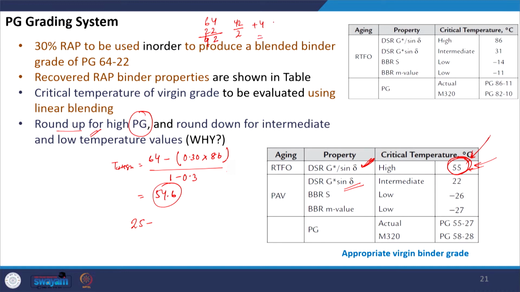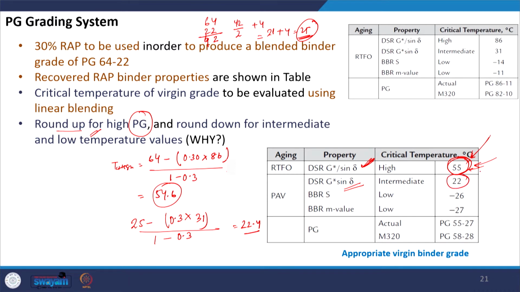This is the calculation we saw previously while discussing the PG grading system. So 21 plus 4 is 25. So the target grade is 25. So 25 minus 0.3 times 31, which is given, divided by 1 minus 0.3. This gives us 22.4, but they have taken 22.